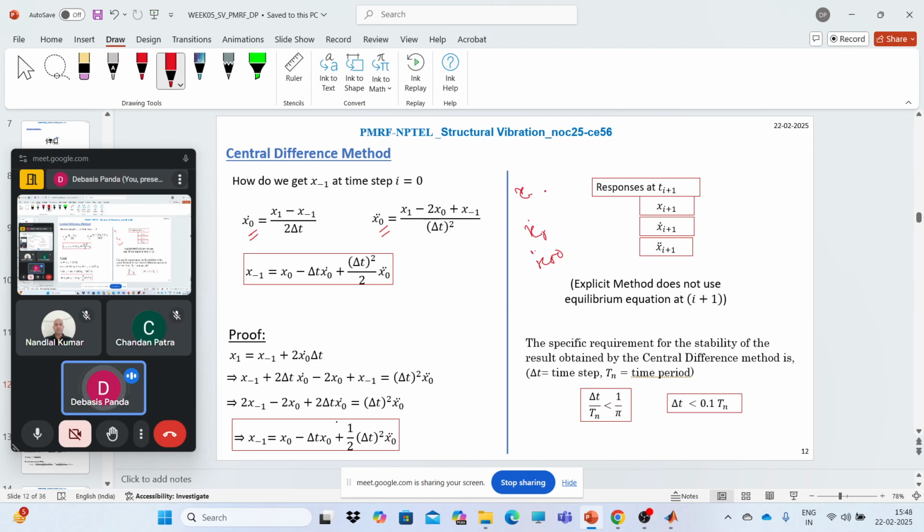Once we have all these quantities, we can easily calculate the response at I plus 1: the velocity, the displacement, and the acceleration.